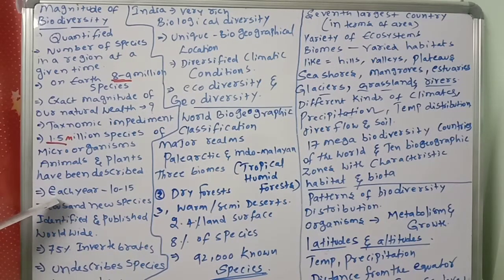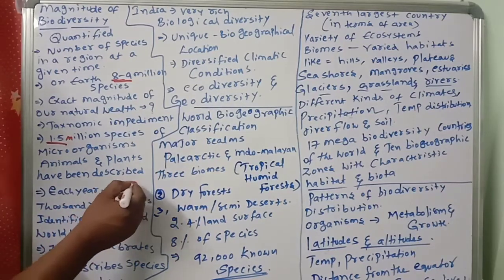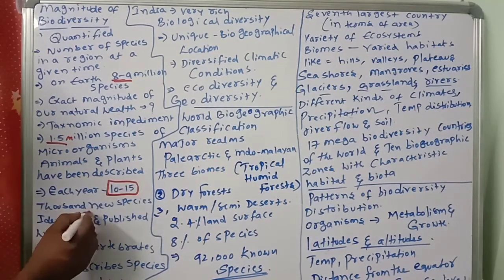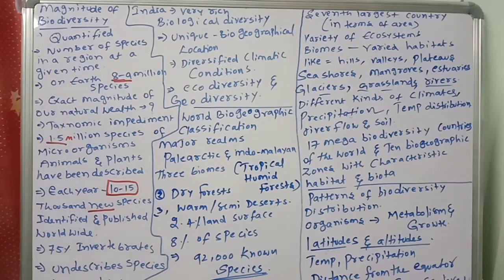Each year about 10 to 15,000 new species are identified and published worldwide.